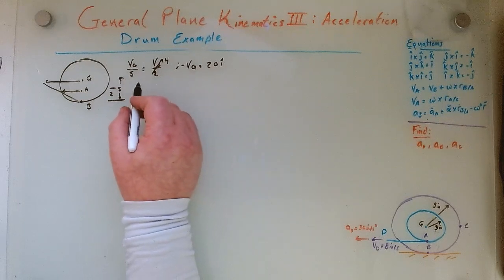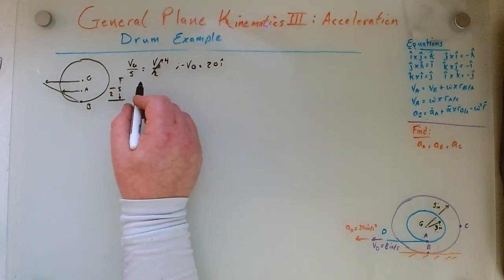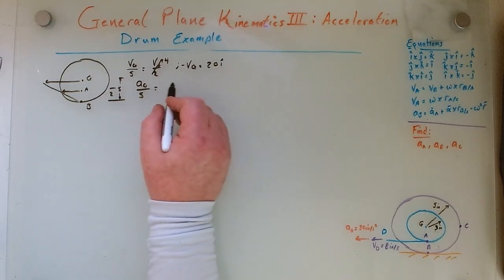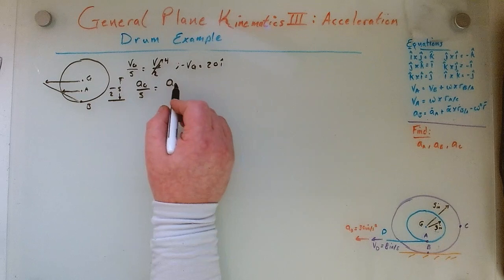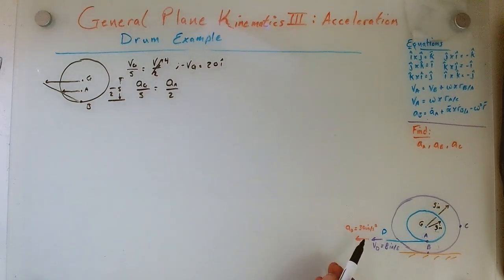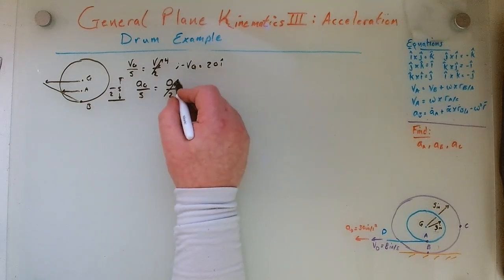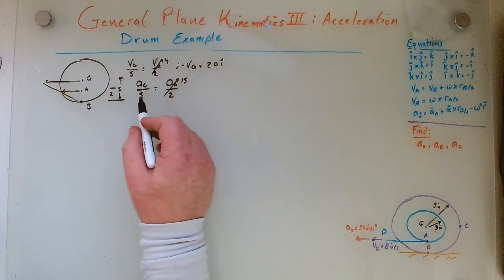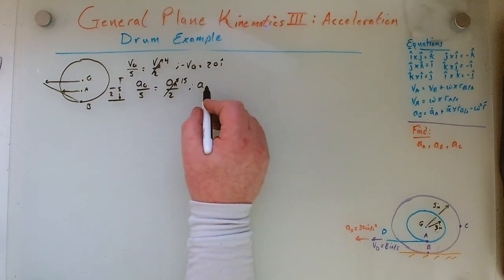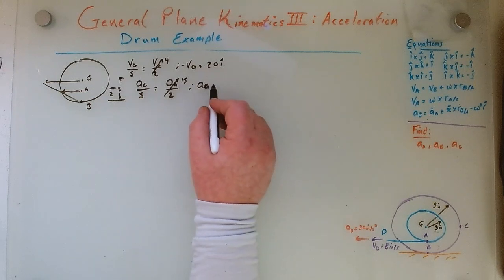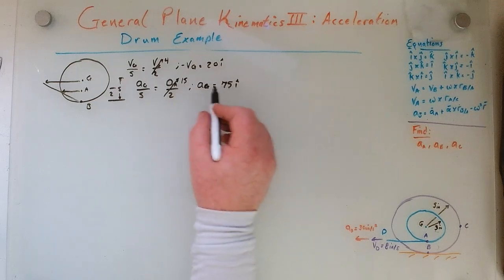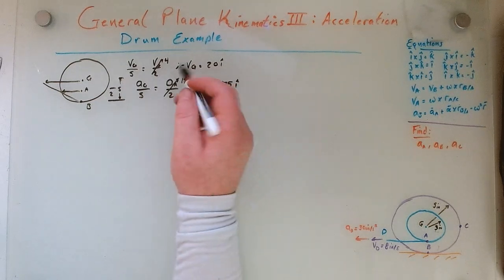All right. Similarly, we can do this for AG. So AG over 5 is equal to AA over 2, and this is given as 30, so this reduces to 15, and if we multiply 5 across, then that gives us that AG is equal to 75 I in the left direction.